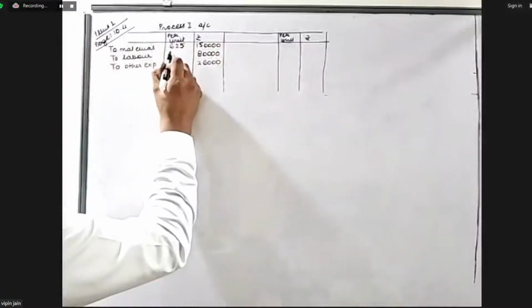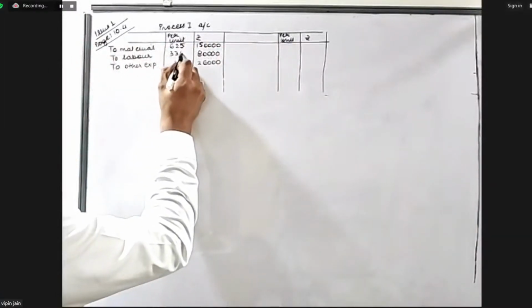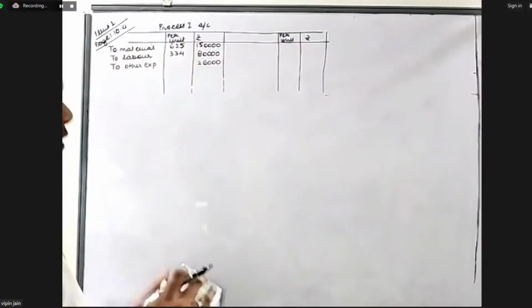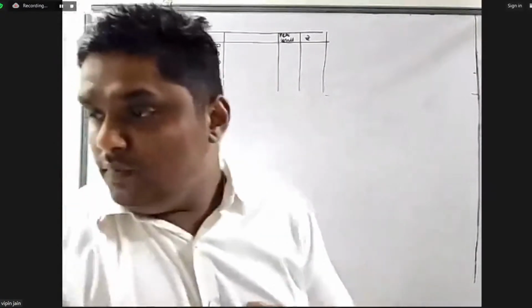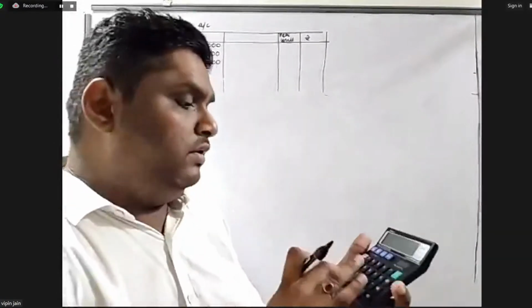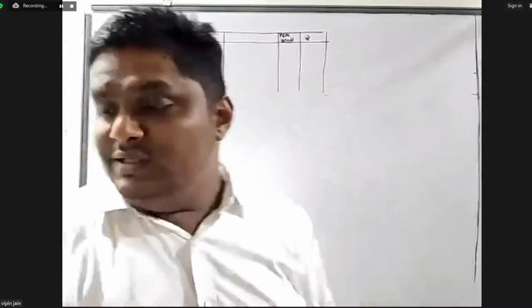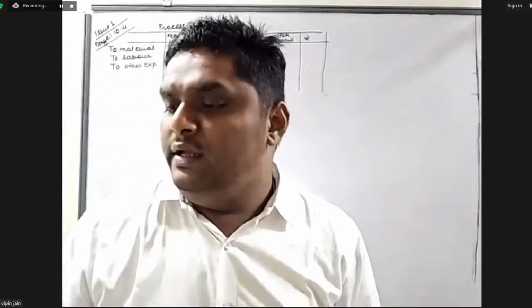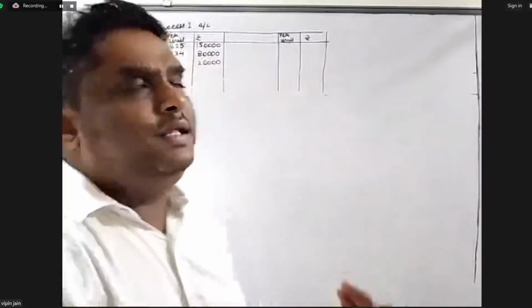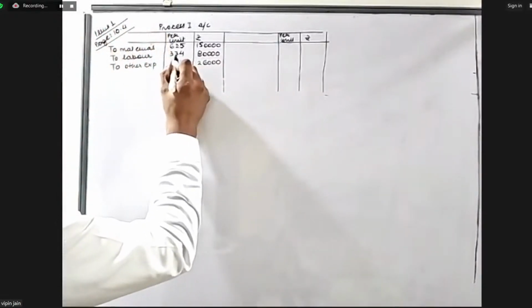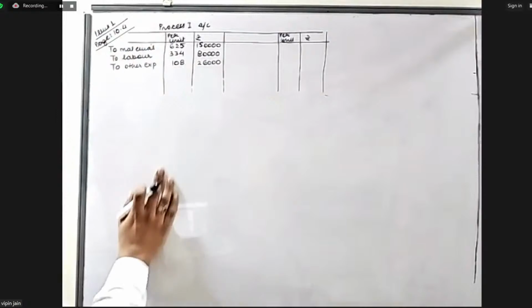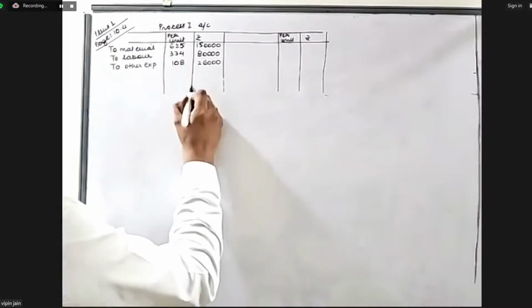We can write it either 333.333 or 334. It's up to you. Further, 26,000 divided by 240 units is 108.333. You can take it either 108 or 109. So here we have taken 334, and here we'll take 108.